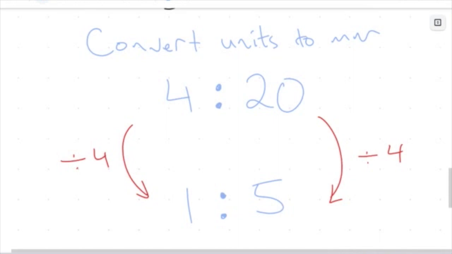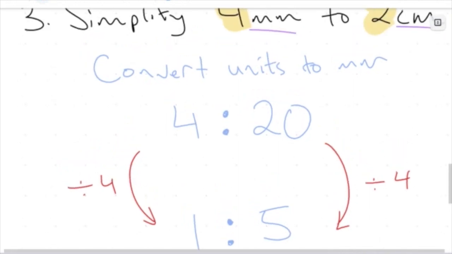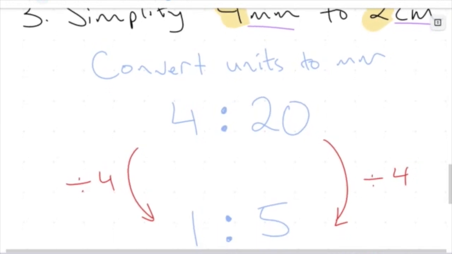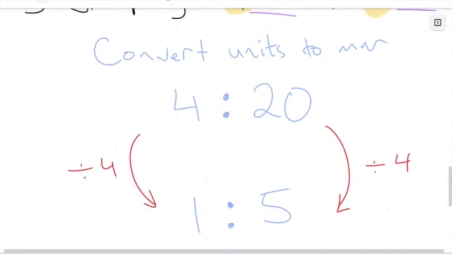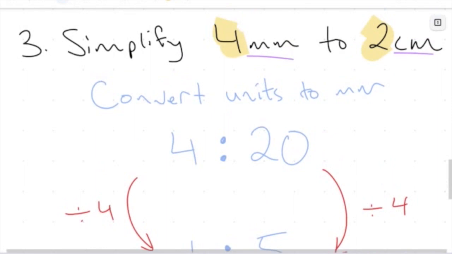So this ratio, in the context of this question, makes a little bit more sense, because it makes sense for there to be more units for the millimeter in an example where this number ends up being bigger than this one.